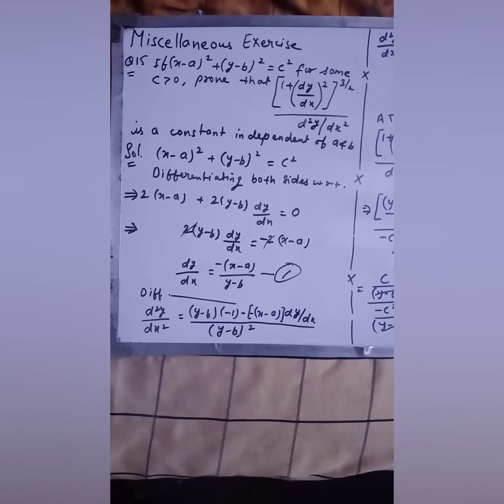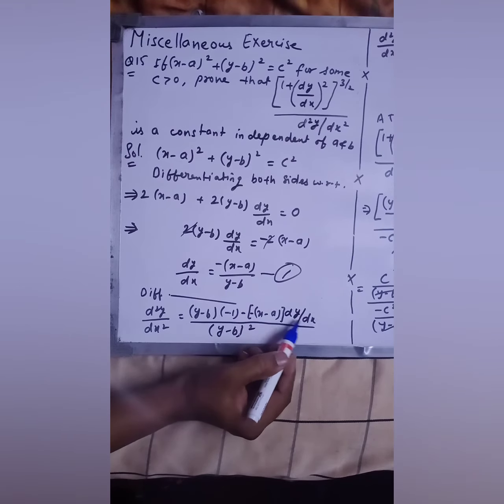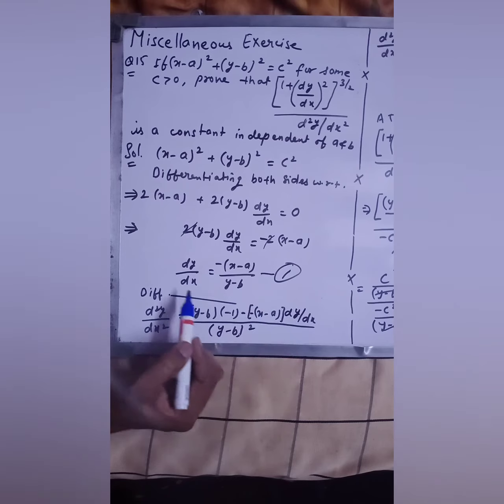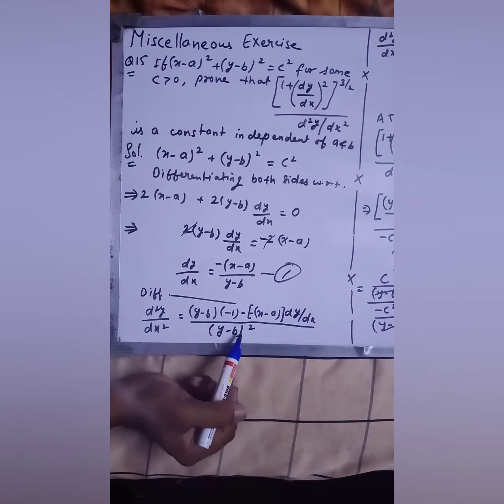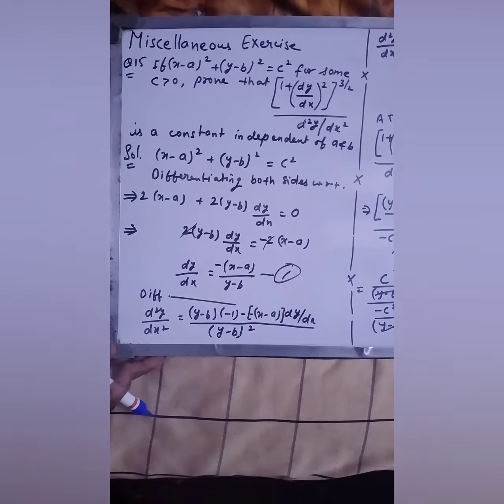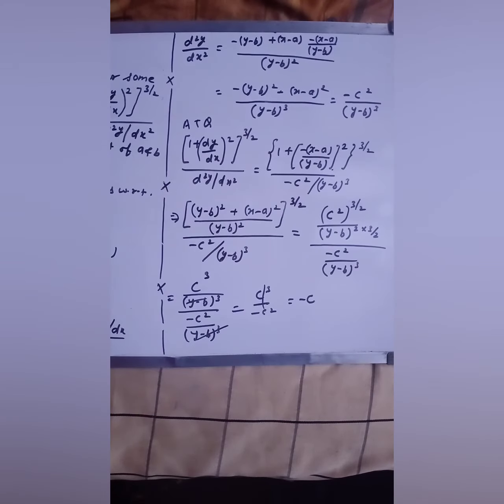This is your quotient rule. Now here you have to put the value of dy by dx from equation number 1 and simplify this equation. I'm solving on the next page, just wait.